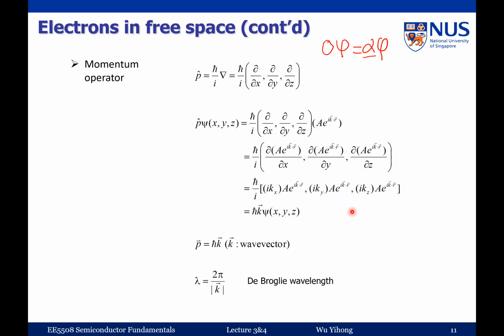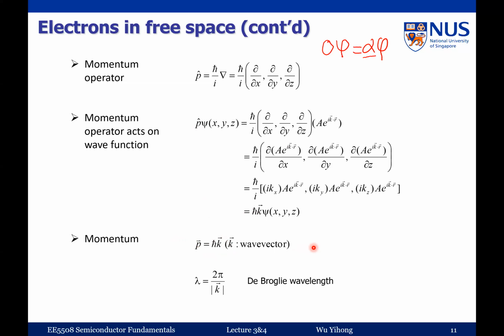That is the k itself, a vector. That's why I have hk, this one. Now you compare this with this, and this hk is the momentum, right? That's why we say that the momentum in quantum mechanics is defined by hk. k is a wave vector. So now you can see this k is extremely important, right?